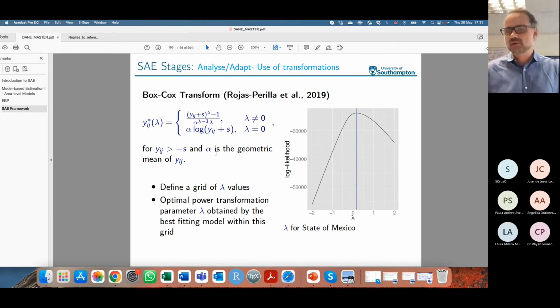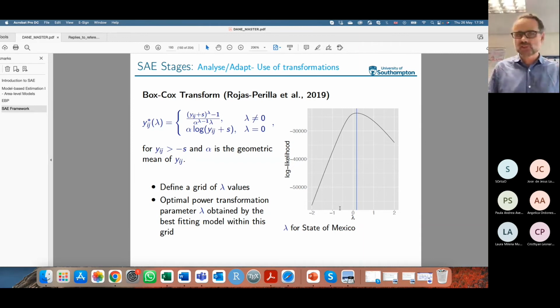Here is the example that I gave you also on Monday, where you use a grid of potential transformation values, and then you obtain the lambda parameter for the power transformation by deciding what is the best fitting model within this grid. By using the different values of the grid, fitting the model, and finding the lambda value that maximizes the log likelihood, or some other measure that you may define. So there are different ways of doing that. This is basically adapting your model if your model assumptions do not hold.